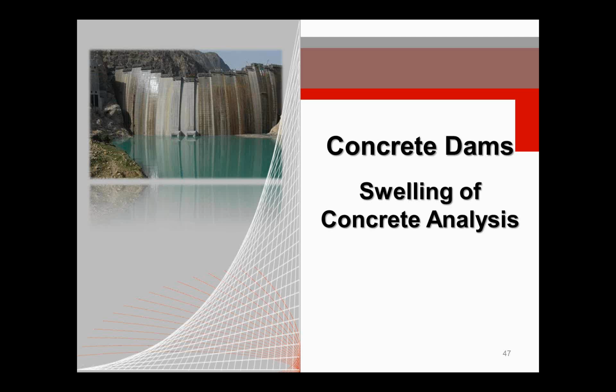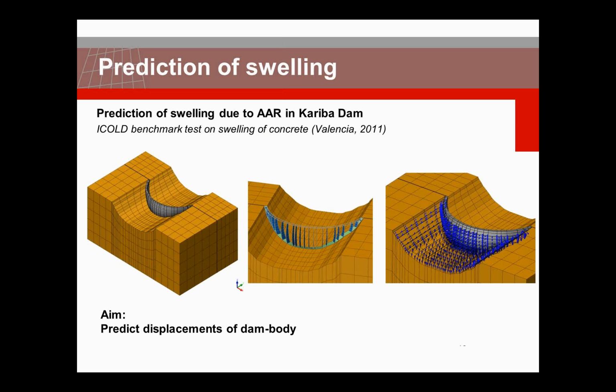Now let's have a look at changing material properties, and when we're talking about concrete structures, the swelling of concrete as a result of alkali-silica reactions is an aspect that we have considered in a benchmark study in 2011, the ICOLD benchmark in Valencia.